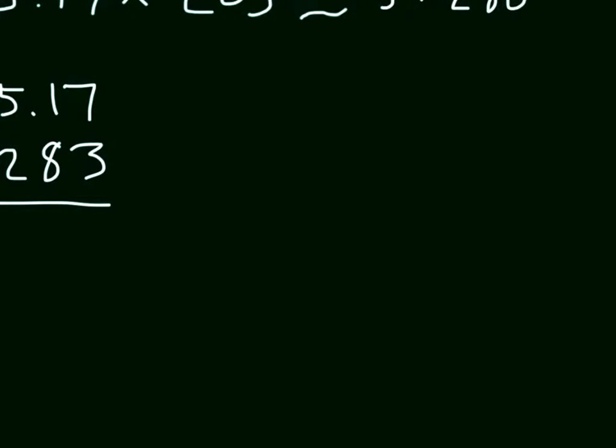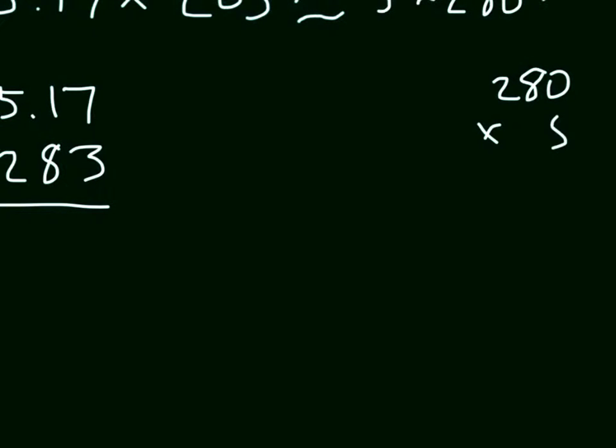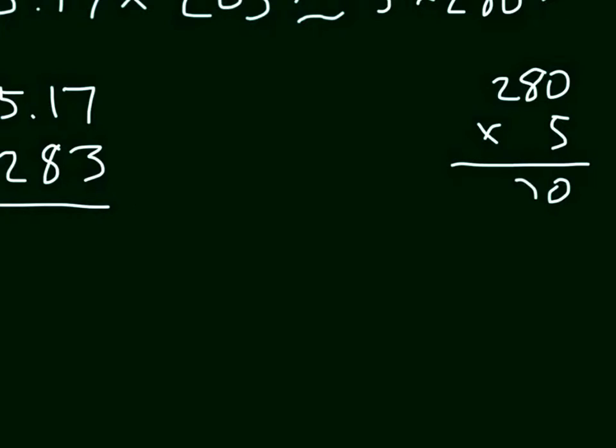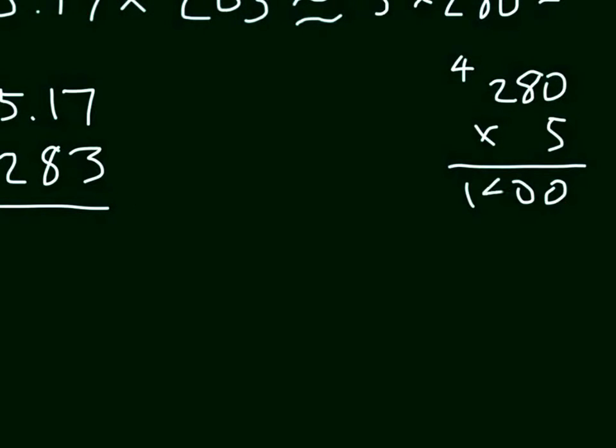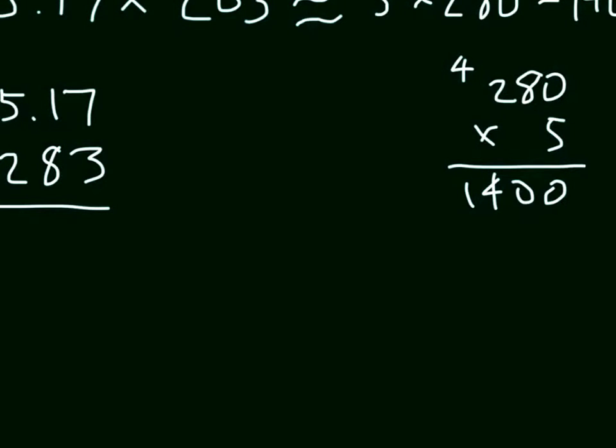I know it'll take me a little bit to figure that out for that estimate. However, my estimate will be closer than if I went to 300. 5 times 2 is 10, plus 4 is 14, so our estimate is 1,400. That'll help me place my decimal point later on. It also helps me check my solution.